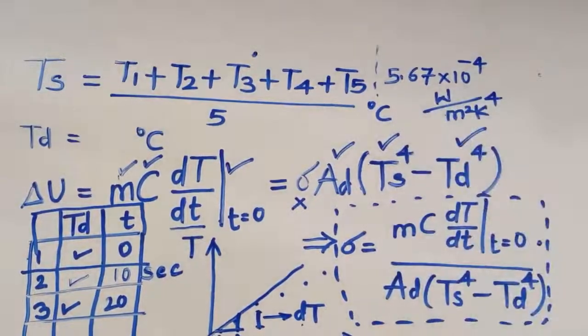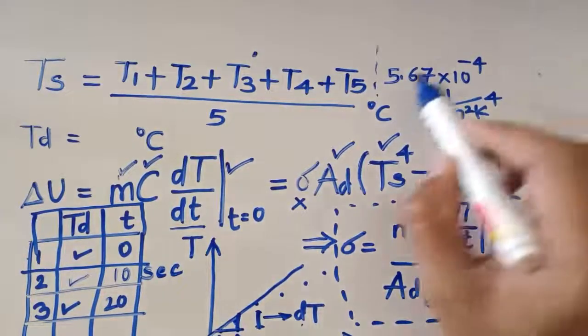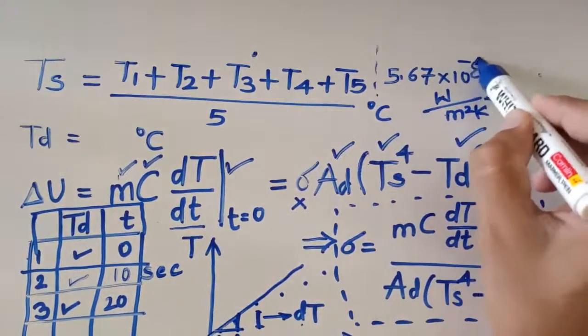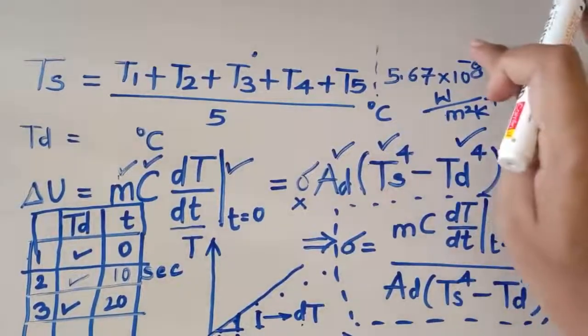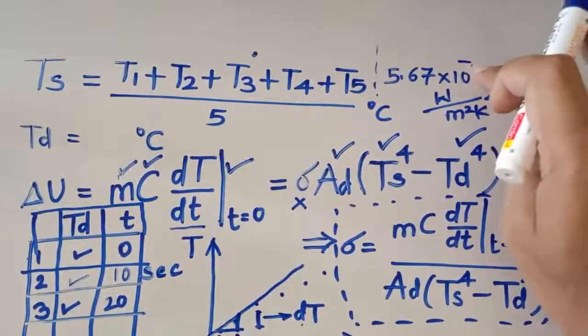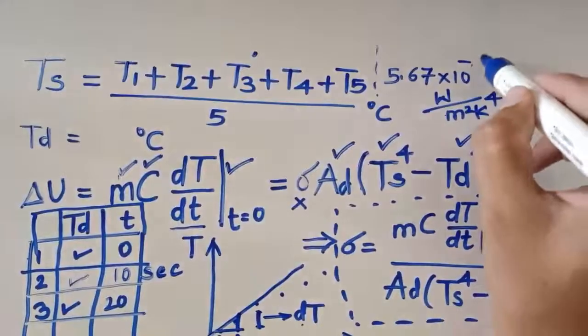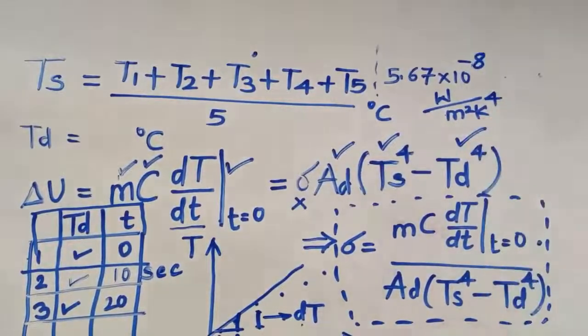Let us say it might come 4 point something or 3.55 into 10 raised to minus 4. My mistake, I made a mistake. 5.67 into 10 raised to minus 8. This is a mistake on my side. I'm sorry for this. A very huge mistake. I should not be doing this. 5.67 into 10 raised to minus 8. So it will come like this. In a practical scenario, it will come approximately, let us say 3.5, 4, 4.5.